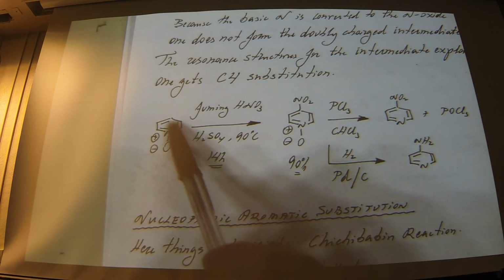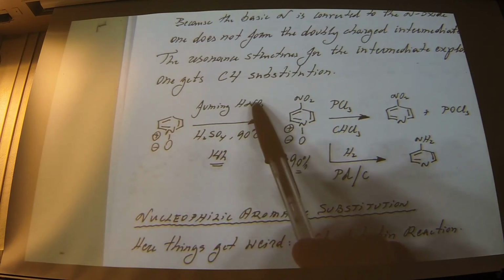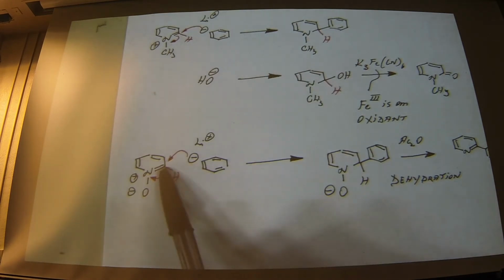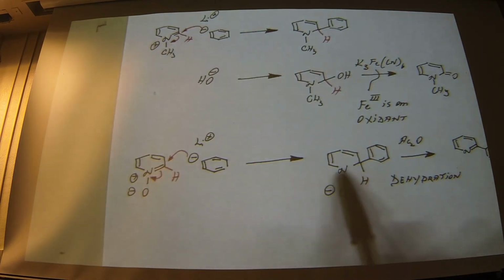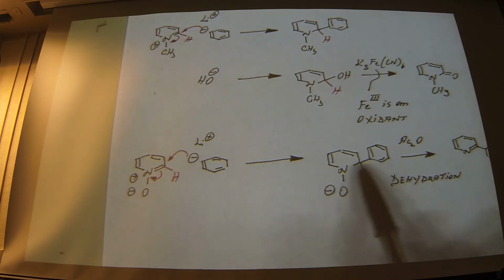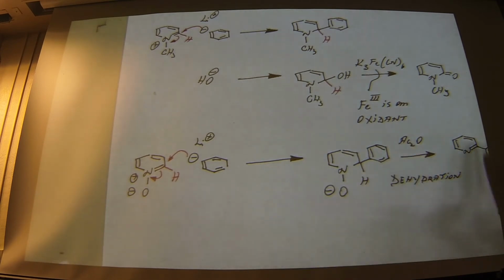Or you can take the same N-oxide, instead of using an electrophile, a cation, you can allow it to react with a nucleophile. Now in this case, you end up with a different species, but you can eliminate the elements of, well, not water, but acetic acid here, and end up with the C2 product.